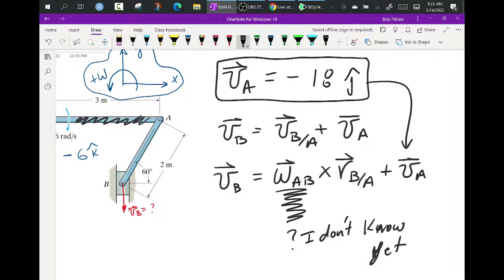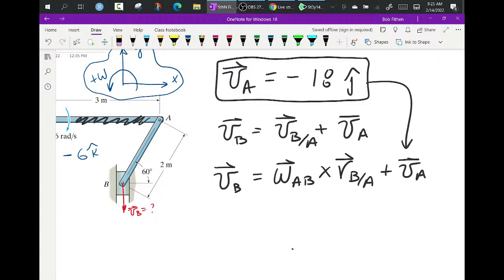However, since I don't know it, one of the things I always do is I always assume it's positive. So again, if you look at this, this is as if you're sitting on A and you're looking at B. So during this part of the computation, what your mindset should be is this.